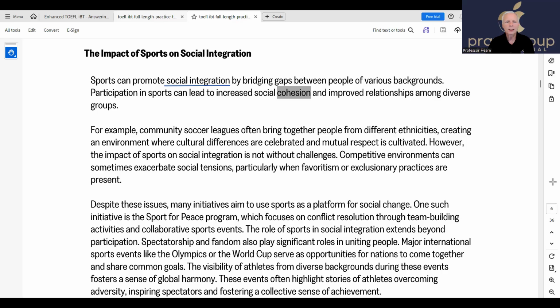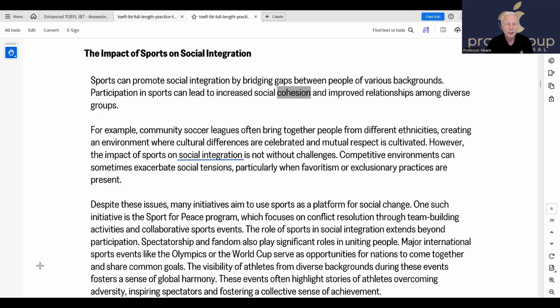So let's look again for the words social integration. In our next paragraph we find it here. Now let's determine if our sentence is directly related to our question. Our sentence reads, however, the impact of sports on social integration is not without challenges. Well, it is about sports, it's about social integration, and the words not without challenges does indicate that there is some negativity.